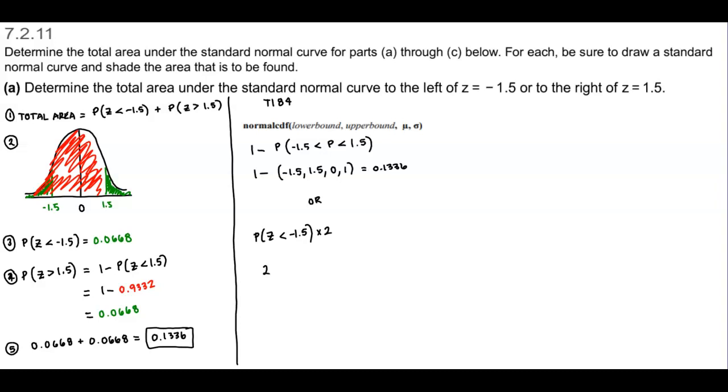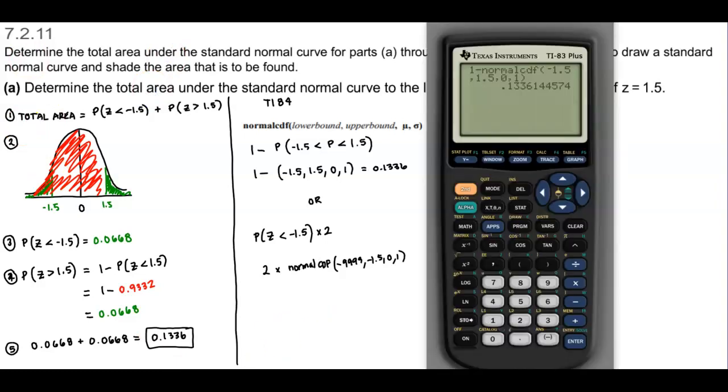So we're going to take 2 and then multiply that by the normal CDF, where we have negative 9999, negative 1.50, and then 1.